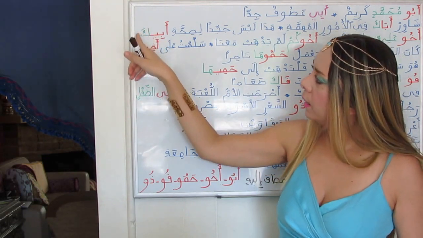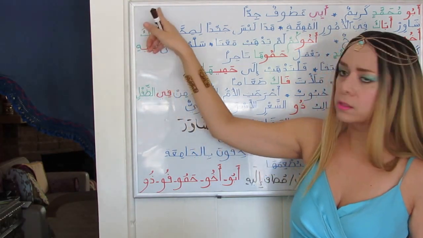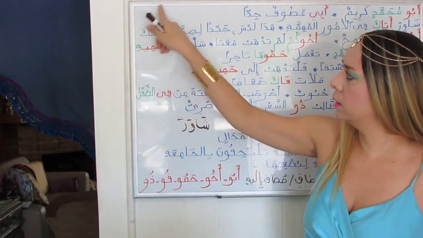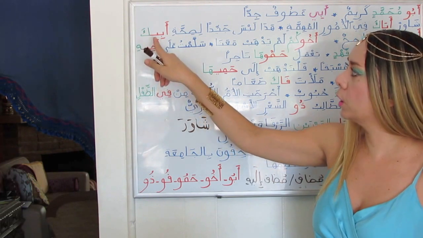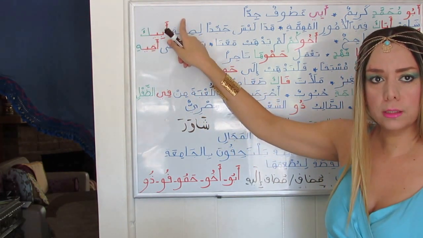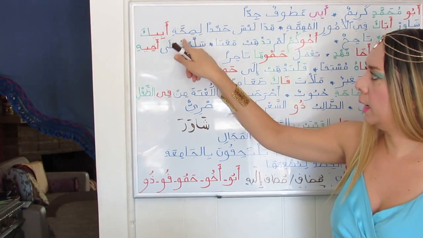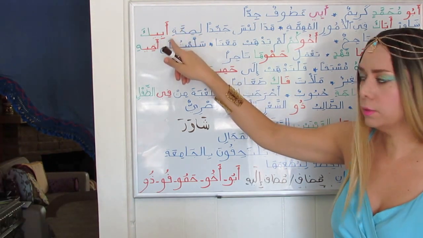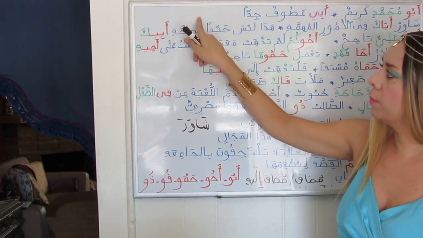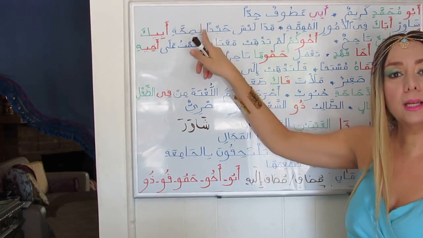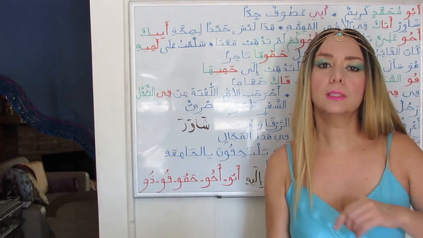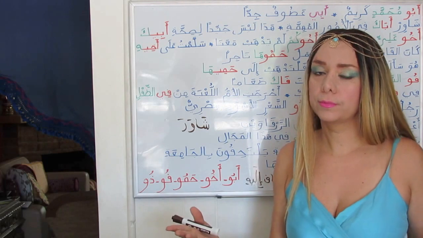And ka is the second term of this idafa. And why is this in the genitive? Because it is preceded by a genitive, صحة, noun in the genitive case, and this is preceded by the preposition li, and li is putting whatever follows in the genitive.